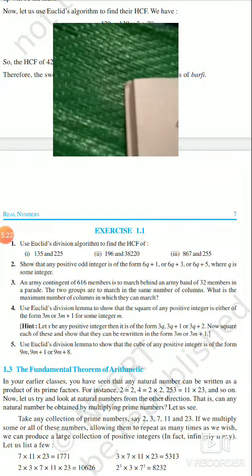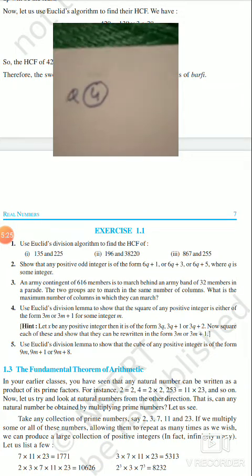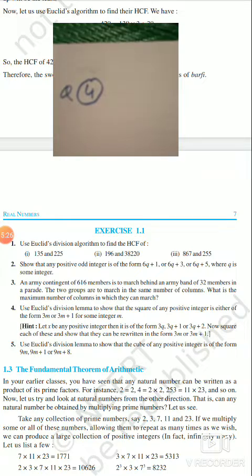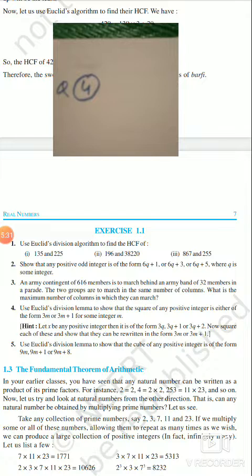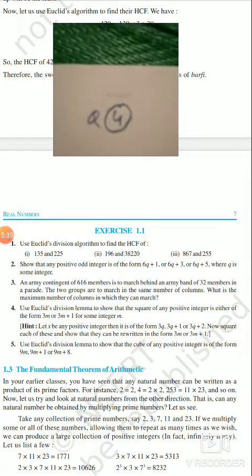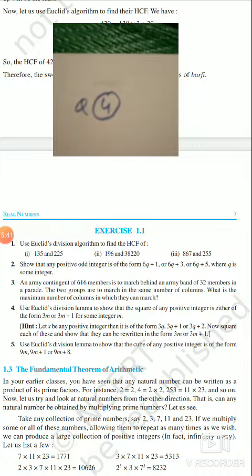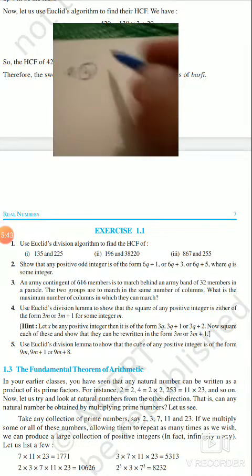Question number 4. Use Euclid's division lemma to show that the square of any positive integer is either of the form 3m or 3m plus 1 for some integer m. So here you can see the square of any positive integer.